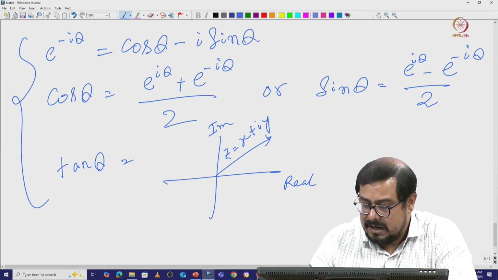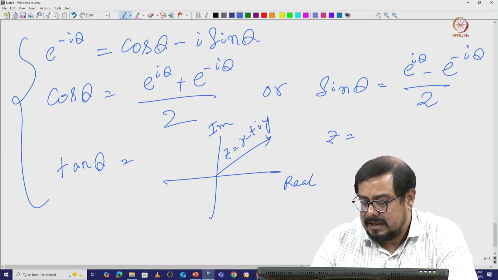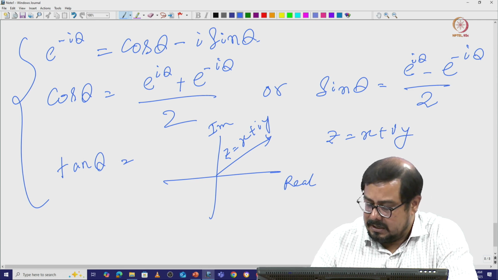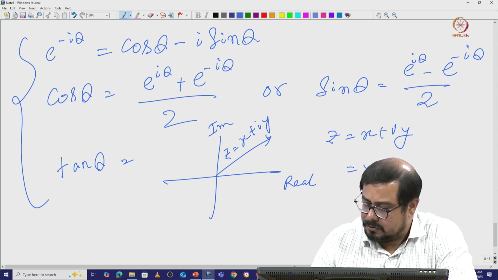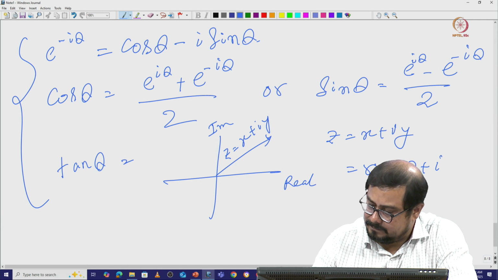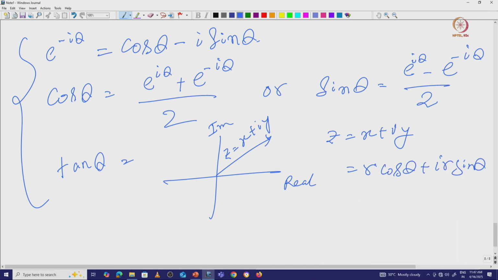Now, we know that x plus I y equals r cos theta plus I r sin theta, and we can convert those angles and easily calculate that information. The same wave we can represent like this: if we consider this is a wave, we have to represent its real component, amplitude as well as phase, using this kind of diagram.